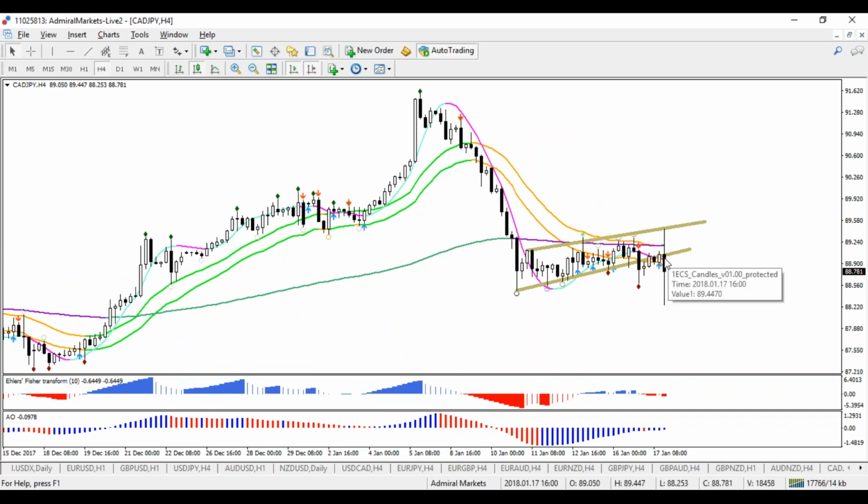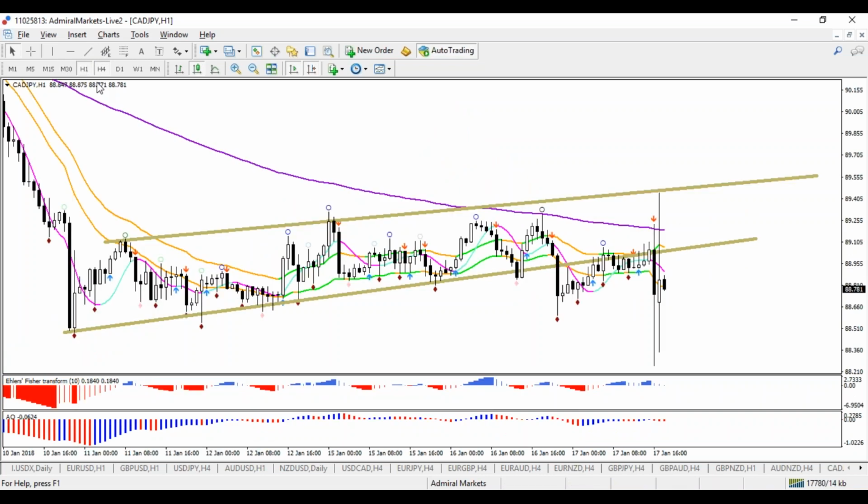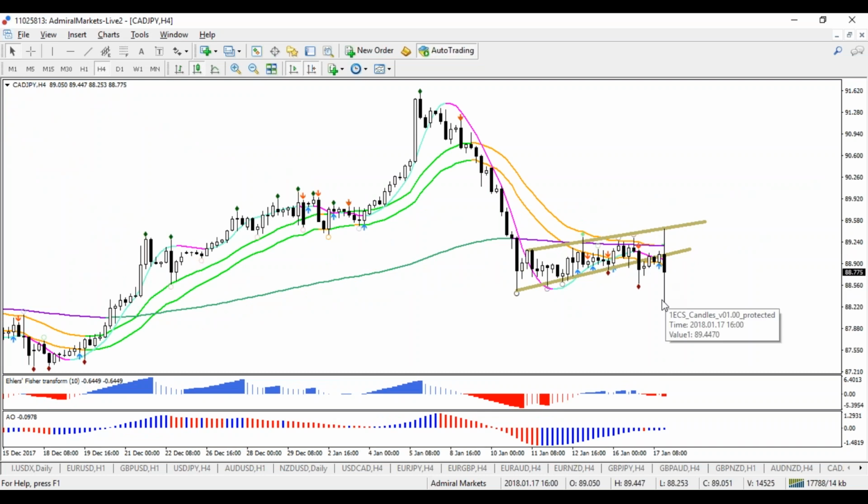But the CAD is a little bit tricky because of the press conference coming up, maybe later today in the New York session afternoon, depending on how this candle closes or the next candle and how this volatility settles down. But yes, could it be a breakout? Something that I'll keep an eye on, indeed. So could be something of interest.